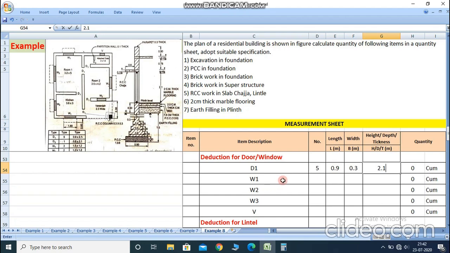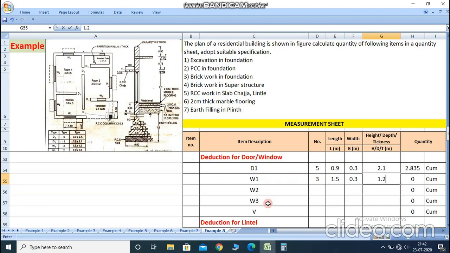Same for window 1. Here the number of window 1 is given 3, so right here 3. Then length given for the window is 1.5, width is the wall thickness, and then height is 1.2, already given in this table.